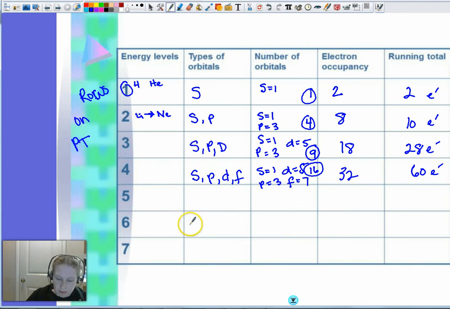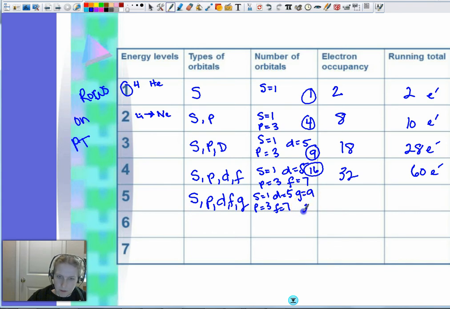When we get to 5, 6, and 7, things get a little more interesting. We have S, P, D, F. Now we're going to throw in a G level. S equals 1, P equals 3, D has 5 orbitals, F has 7. And now our G actually holds 9.